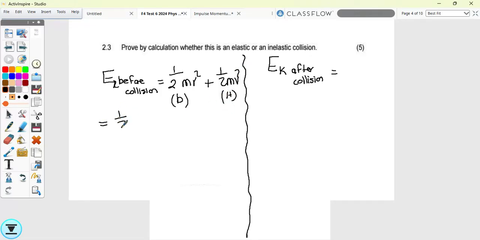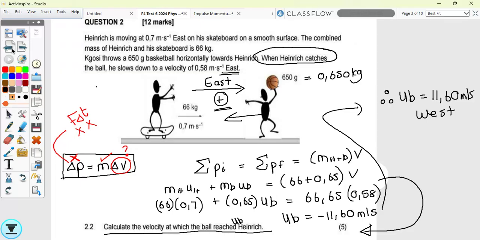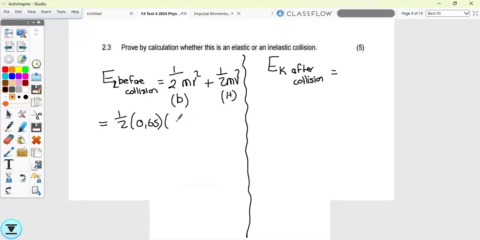So that's going to give us half times 0.65 for the ball, and we've just worked out the speed of the ball is 11.60. This is the only place where the sign doesn't matter, but you can put it in as 11.60, because you're squaring it.